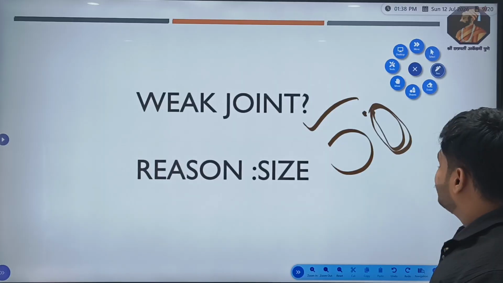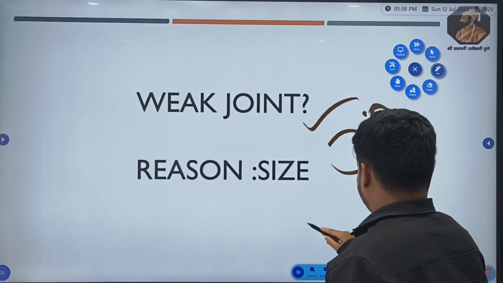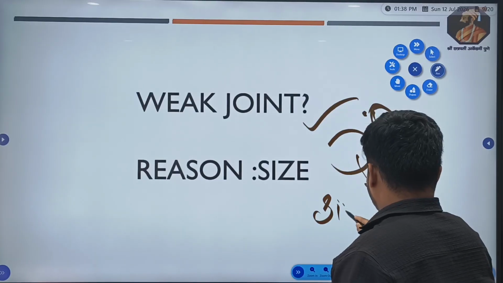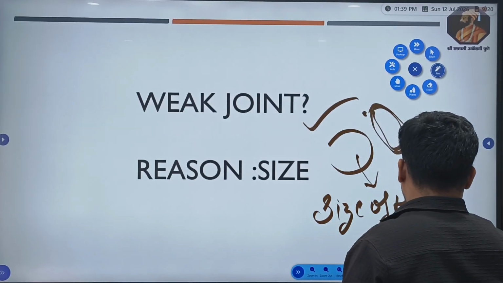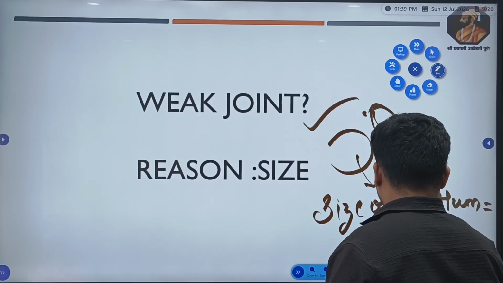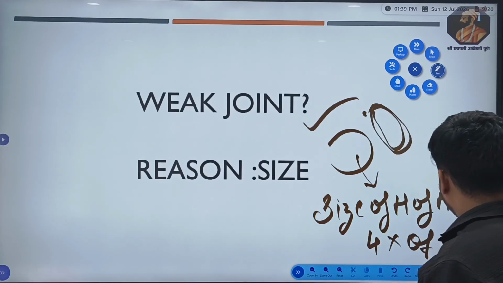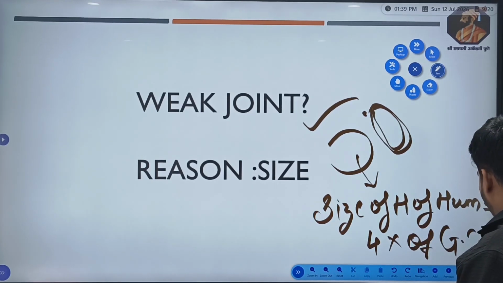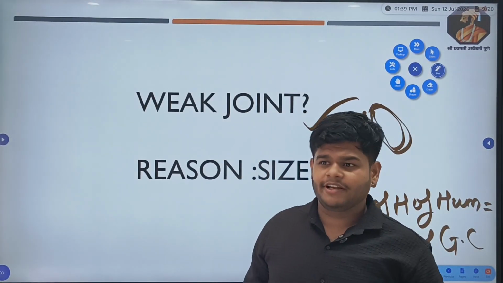The size of the head of the humerus is equal to 4 times the size of the glenoid cavity. So hence this joint is a weak joint.